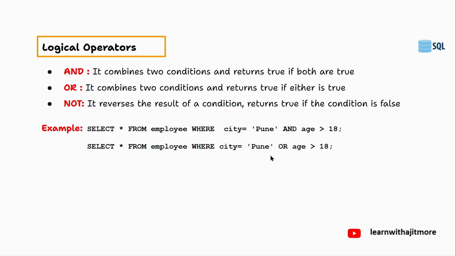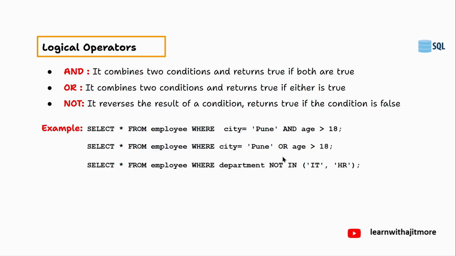What their age is doesn't matter. They should be from Pune or they are from anywhere, but their age is greater than 18. Either will do. Means if they are from Pune it is fine, or if their age is greater than 18 it is also fine. Irrespective of which city they are from, doesn't matter. Their age should be more than 18, and if it should be from Pune, then there is no age criteria. Okay.